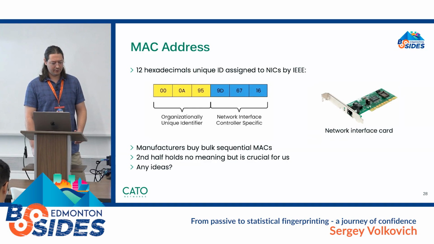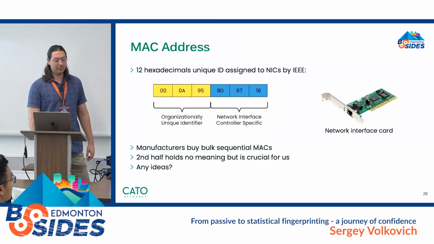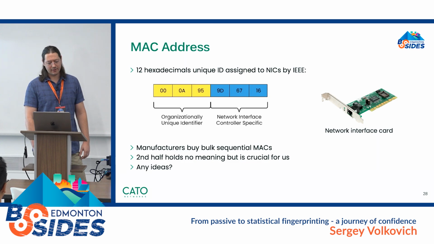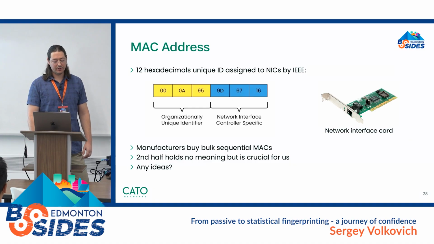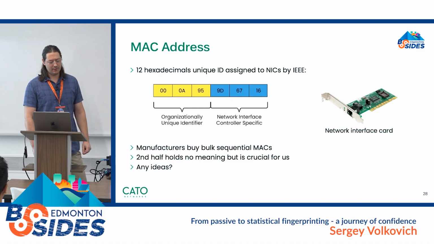The first half uniquely identifies the organization, and this is publicly available and published. And the second half is basically just a random or less random serial number. It is very important for our cause.